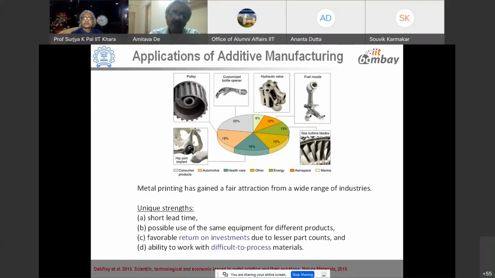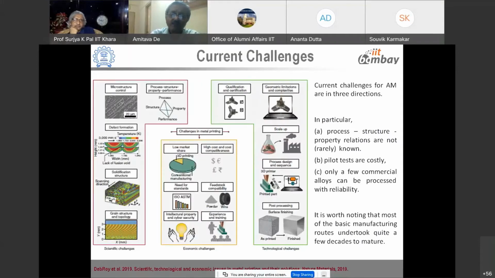So many of these unique strengths have made additive manufacturing different from the competitive processes that we have been aware of or have been working with for quite long. And these benefits have put additive manufacturing in a different league.